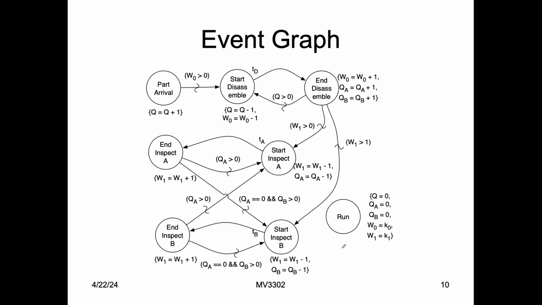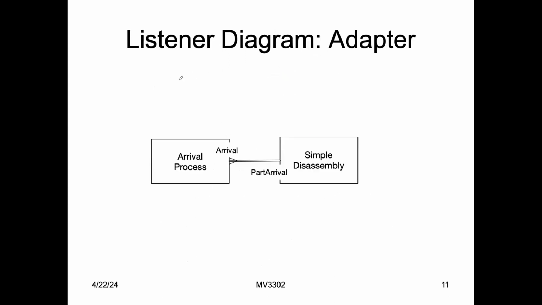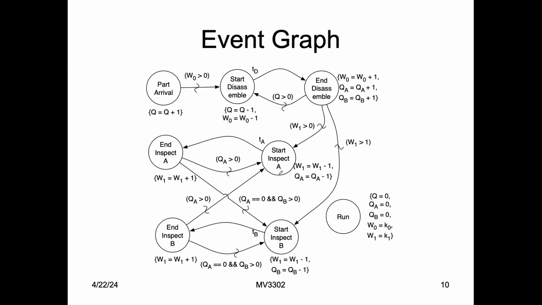Here's where the adapter comes in. What do I need to do if I want to drive this with an arrival process? Well, an arrival process is going to schedule an arrival event, but this wants a part arrival event. So now I can use an adapter to adapt arrival to part arrival, and now it'll work.